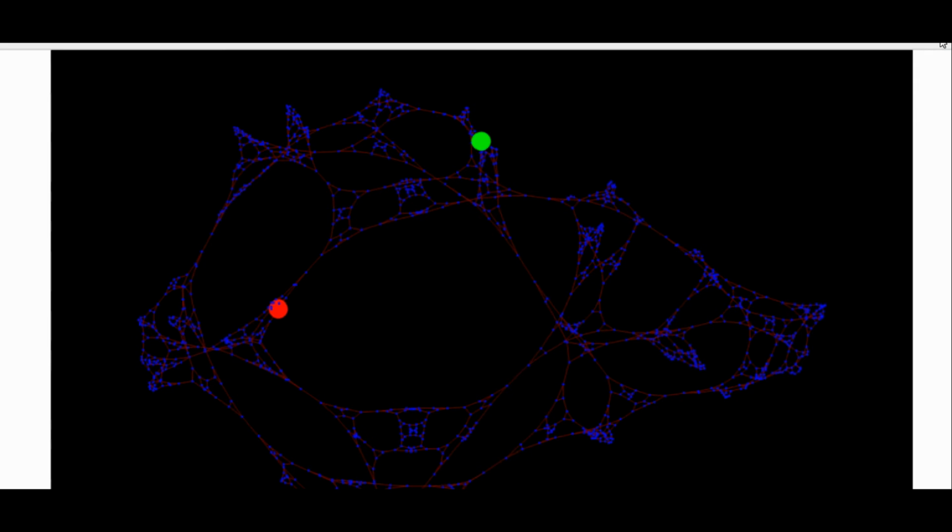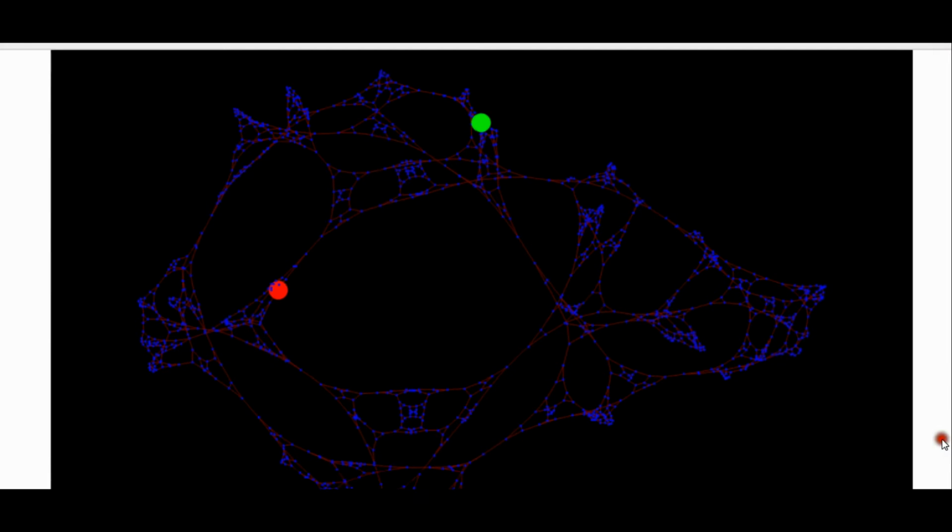So what we'll do then, we'll have a look at the balls around these two vertices of radius 12. Okay, so we'll look at all the vertices within 12 of the green dot and all the vertices within 12 of the red dot. And that gives us these two subgraphs, which I show below.